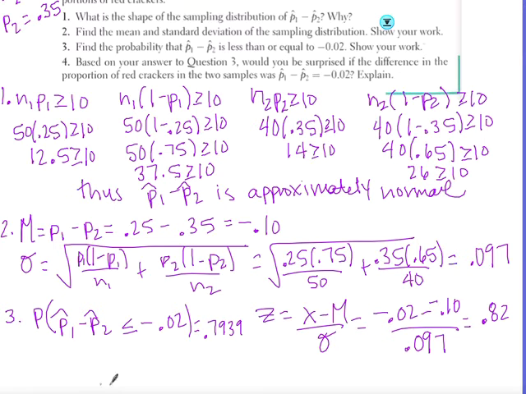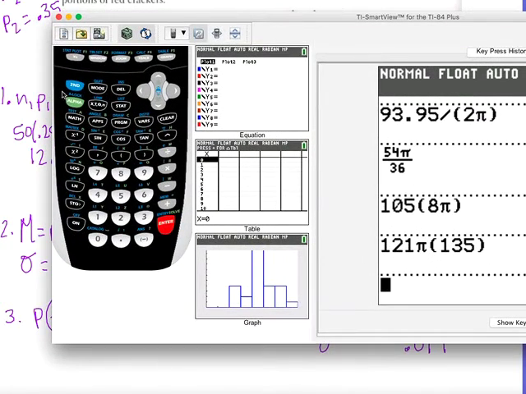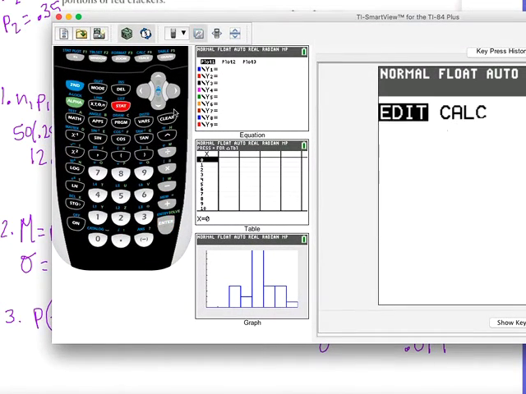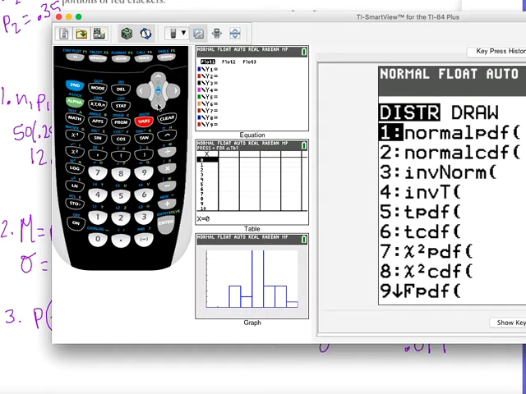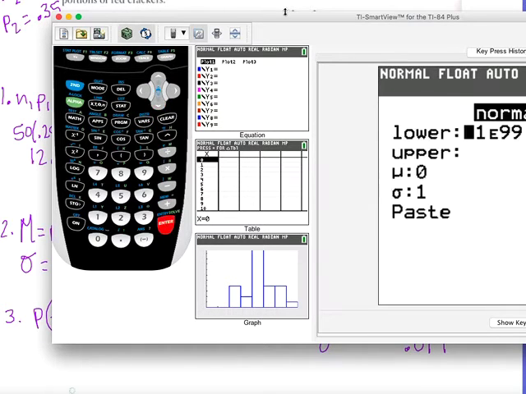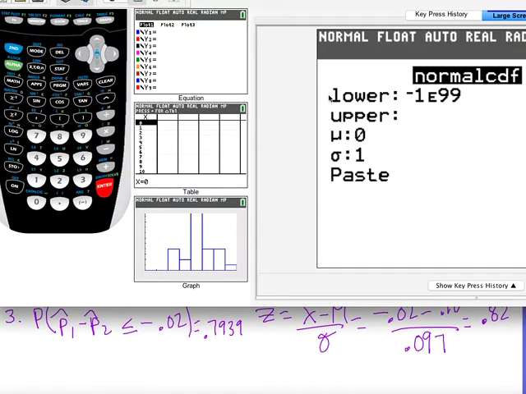You could also do this on the calculator, by going to second vars, normal CDF. Your lower bound would be negative infinity. Your upper bound would be that negative 0.02 that they gave you in the problem.